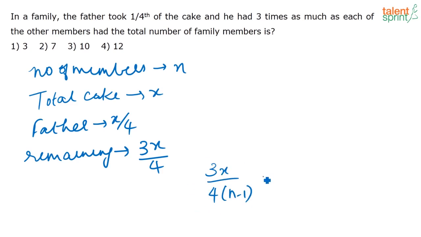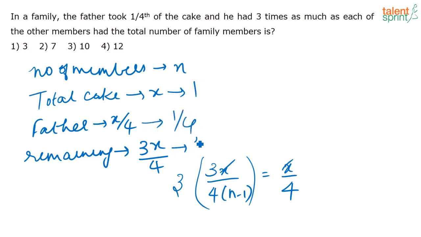Now what have they given? They have given that what the father eats is equal to 3 times what everybody else gets. So x by 4 is equal to 3 times what everybody else eats. See, this x is immaterial. You can directly take this as 1, this as 1 by 4 and this as 3 by 4. I have just put x so that it's not confusing for any of you.